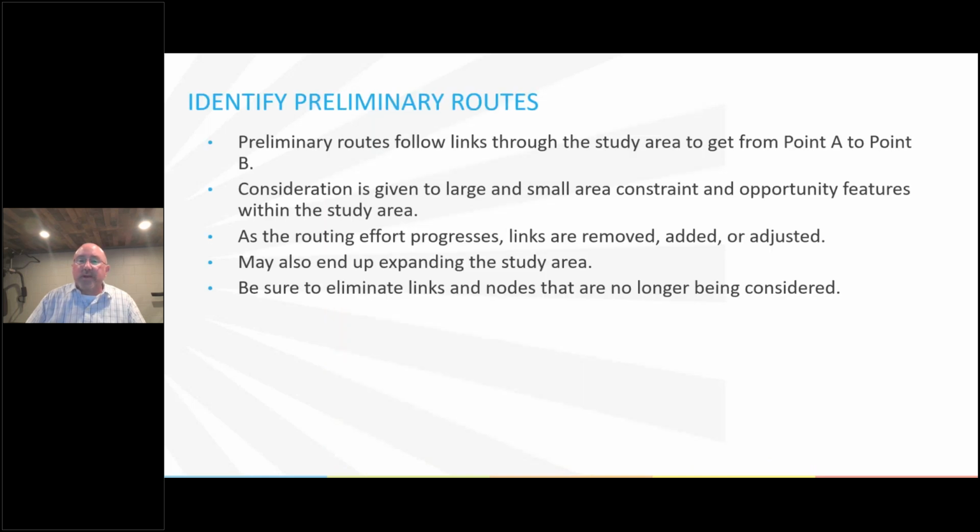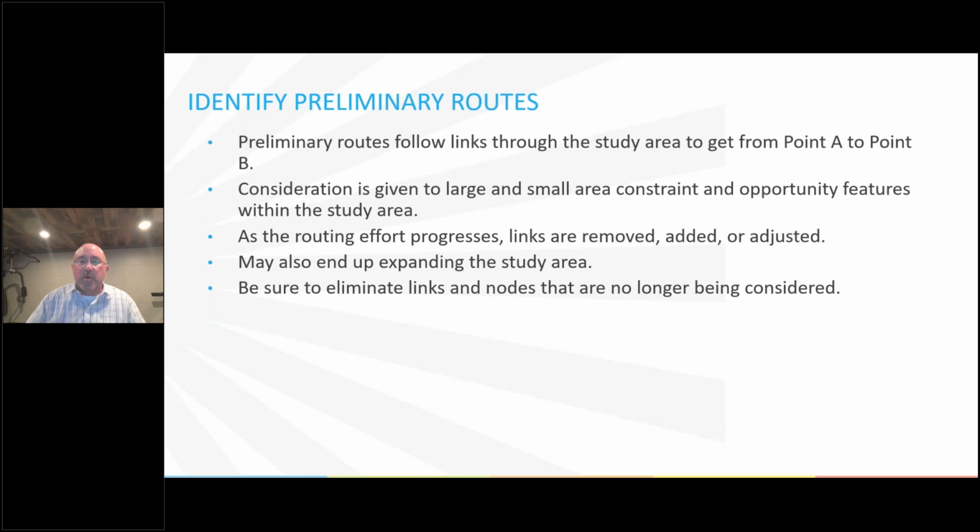So next we want to identify our preliminary routes. Preliminary routes are an early iteration of the routing process that involves following different links through the study area to get from point A to point B. Consideration is given to large and small area constraints and opportunity features within the study area.